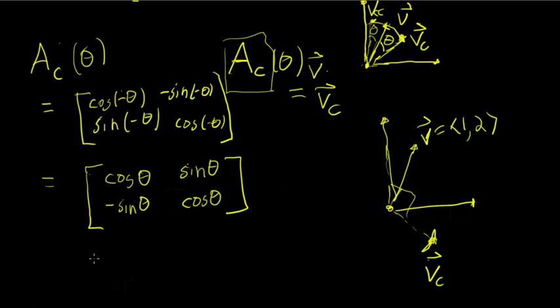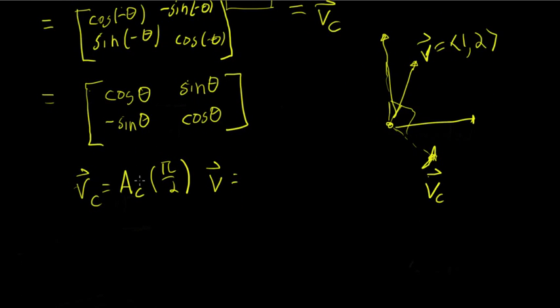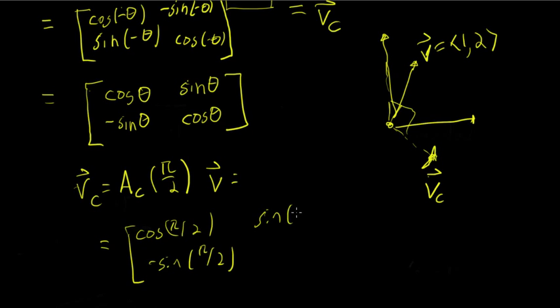So all we have to do is write v sub c is equal to A sub c of pi over 2 times v. So A sub c of pi over 2, well, that's going to be cosine of pi over 2 in the first entry.